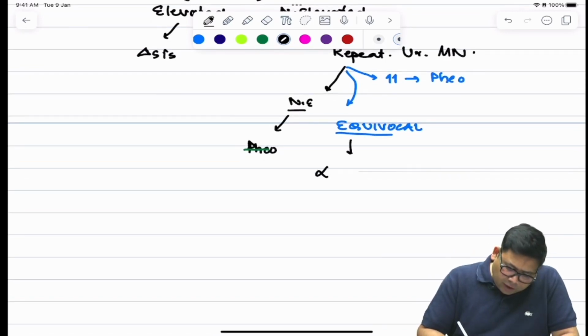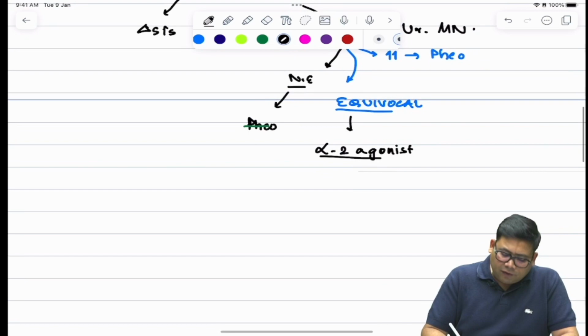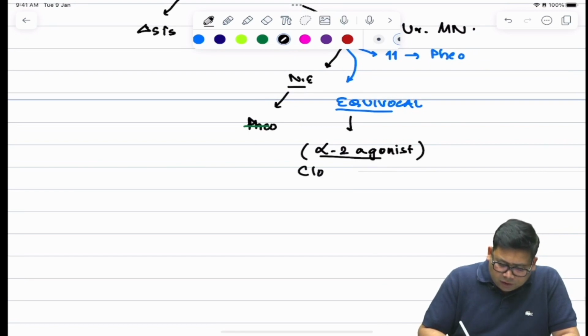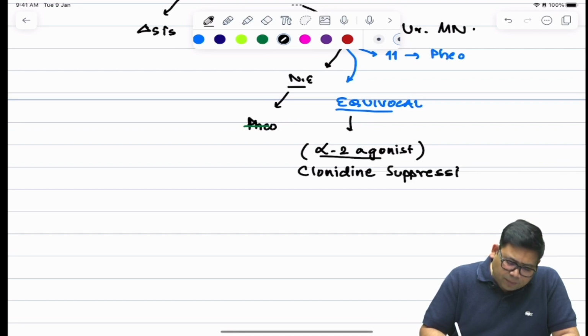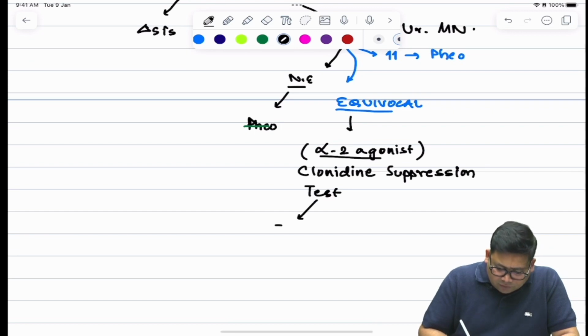So when we go for alpha 2 agonist, try to understand, what are they? We have clonidine, and clonidine is going to suppress the brain, and that is why we go for clonidine suppression test. And remember, if the clonidine suppression test is found to be what, students? Positive, in that case the FEO is ruled out. Why?